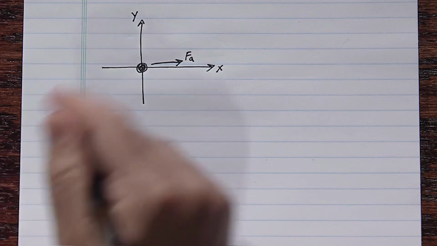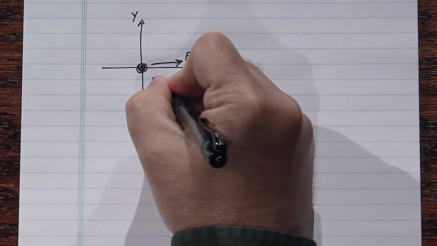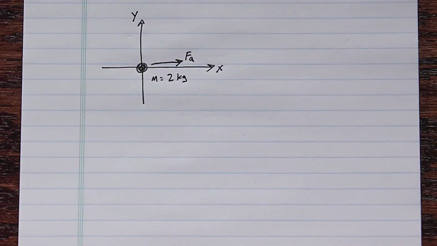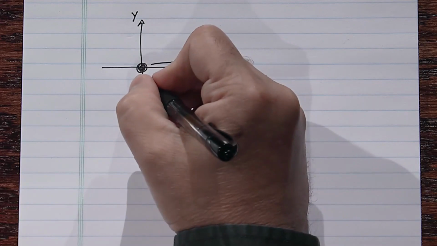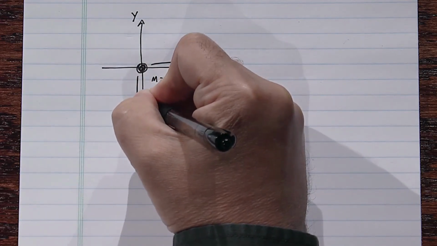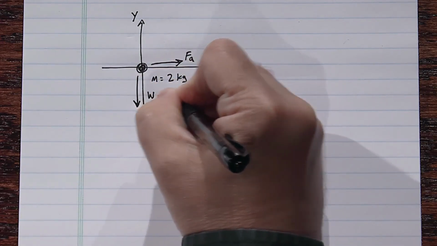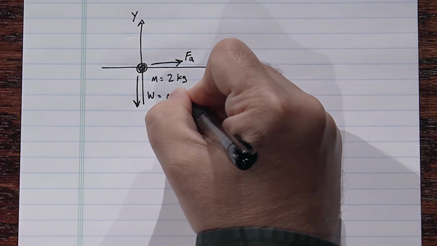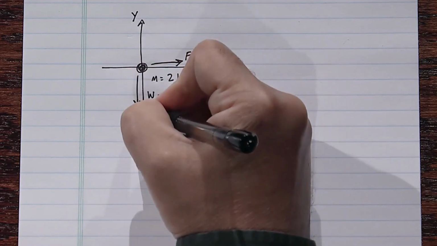We know that the mass of the ball is 2 kilograms, so that lets us know that there is also weight to be considered. So I have to draw in the weight as well. We know which direction weight is exerted, and that is straight down. Weight is equal to the mass of the ball times g, straight down.